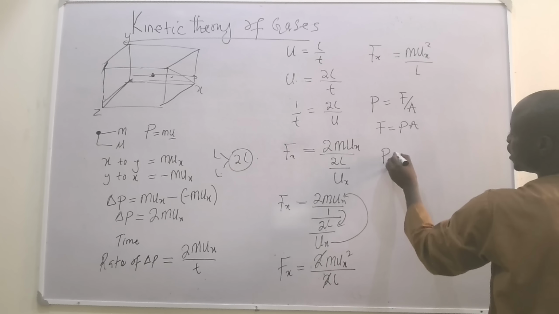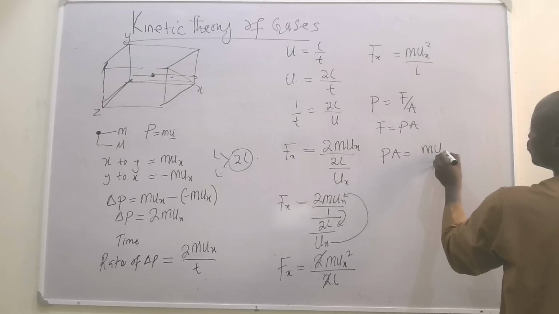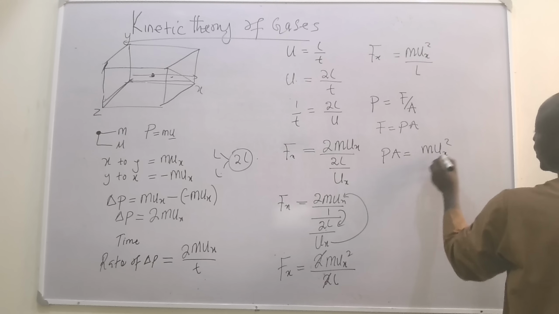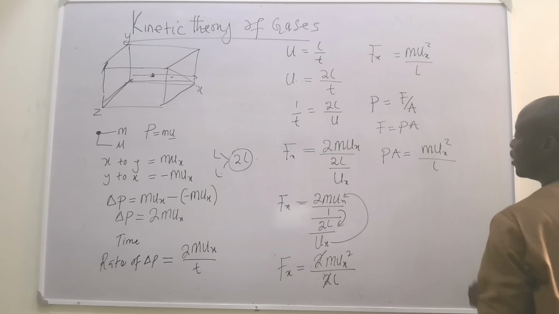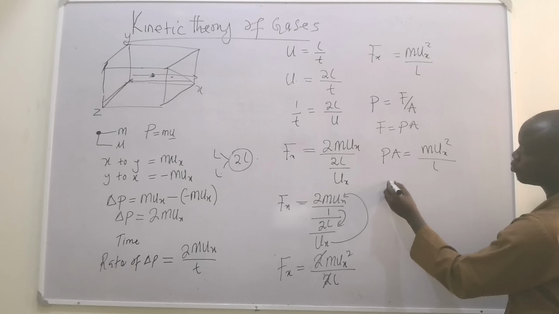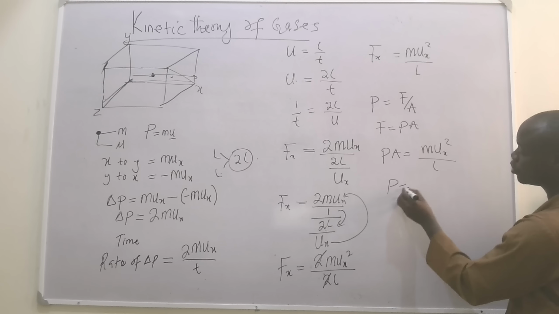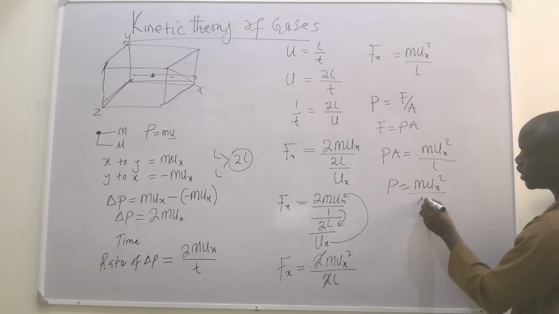We now have PA is equal to mu x squared divided by L. And of course, we can make P the subject of the formula, so we now have P is equal to mu x squared divided by AL.